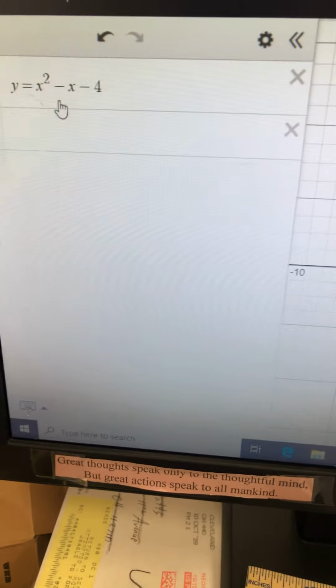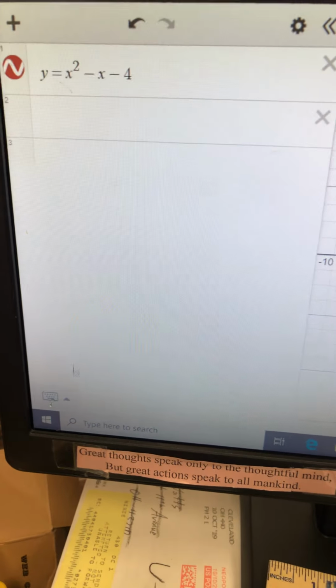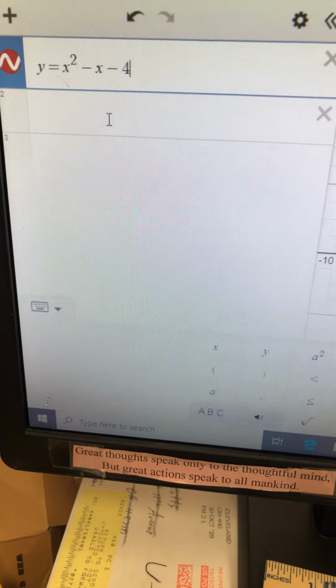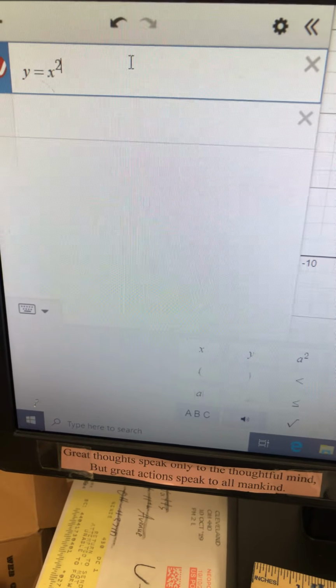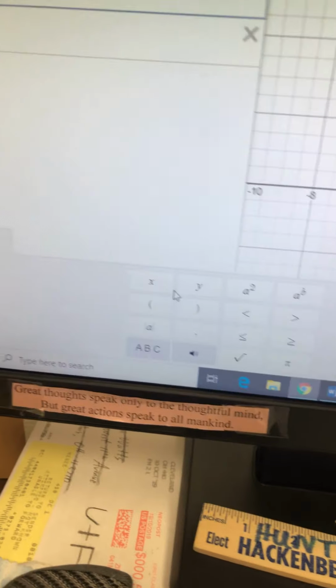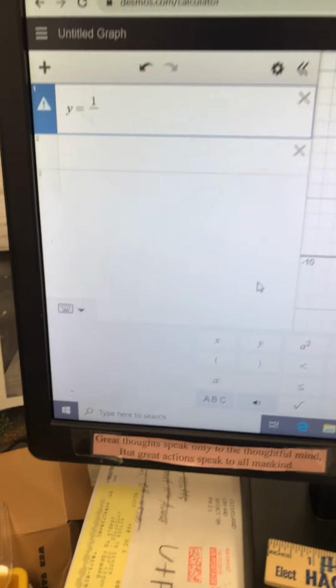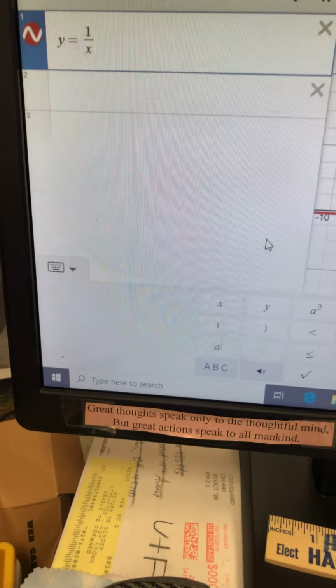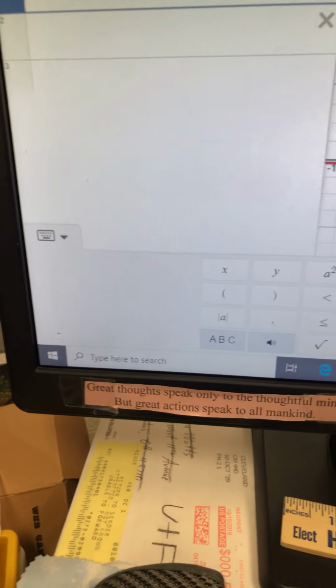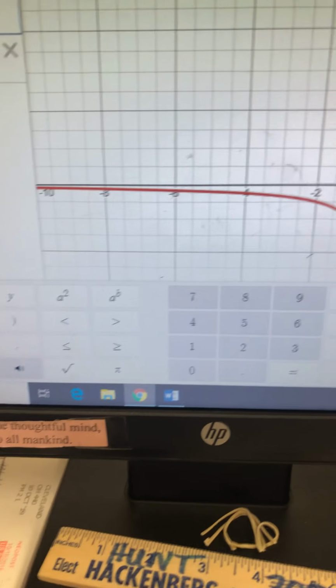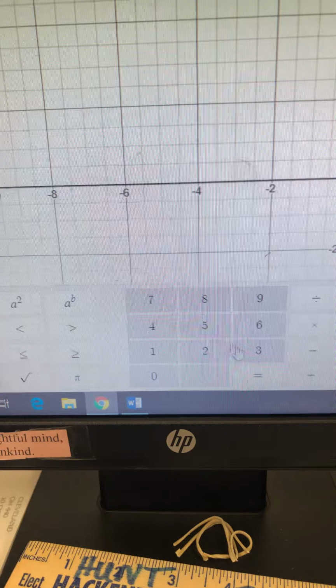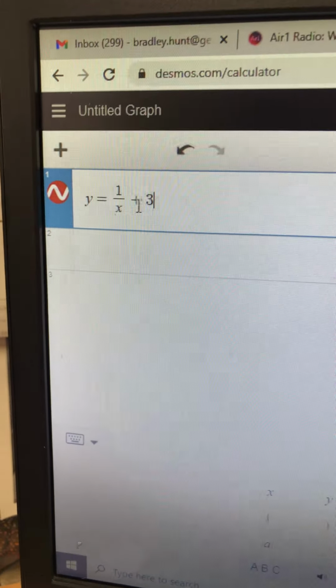This is actually your last one that I'm showing you today; I'll come back to that one shortly. If I type in my 1 divided by my x value, plus 3, I have 1 divided by x plus 3.